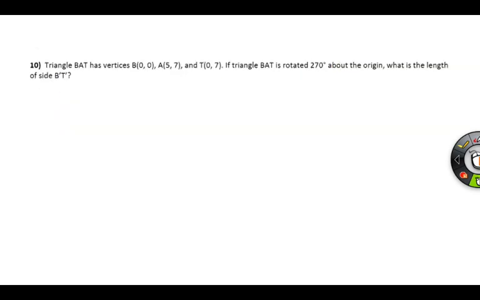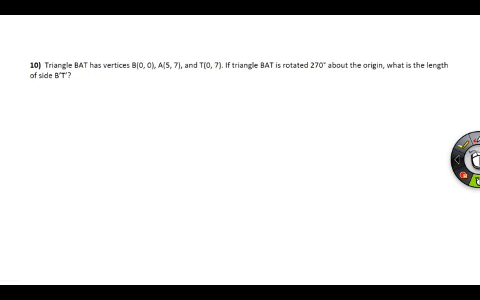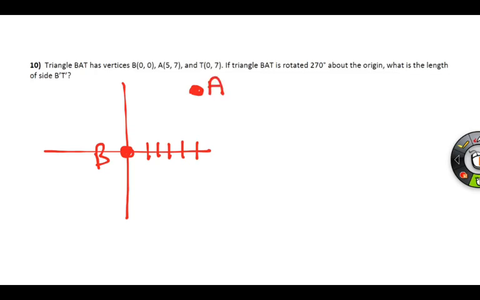Okay, the next question says if you had triangle BAT, which is not a bad idea to go ahead and plot. So I'm going to go ahead and draw it a little bit here. So you have BAT, so here's B, (0, 0). You have A, which is (5, 7), so you go over 5, and then go up 7, so it's about right there.